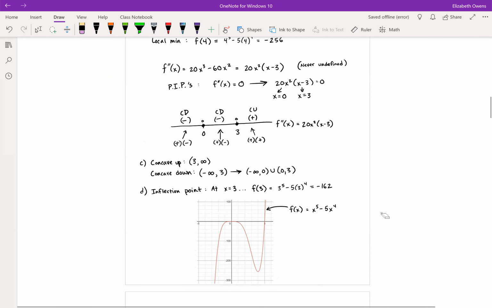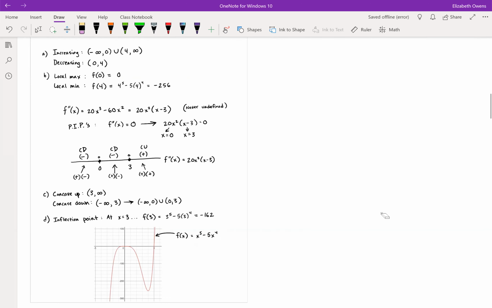So let's zoom out a bit here. From negative infinity to 0, that would be this portion of the x-axis. You can see that, yes, the function is actually increasing on that interval.